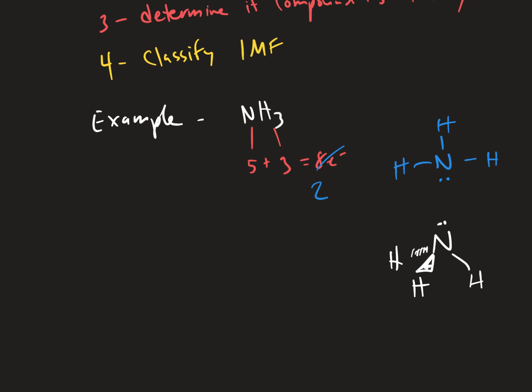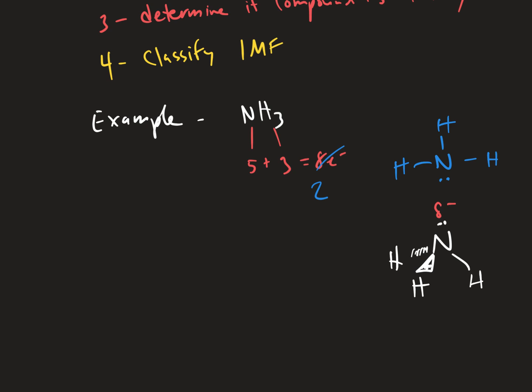So we have to determine which side is partial positive, which side is partial negative, right? Which one is partial negative? Nitrogen or hydrogen? So Vita's got this. What about everybody else? So you look at the electronegativity chart, and whichever one is more electronegative is the negative.